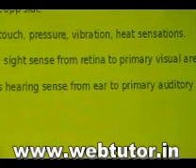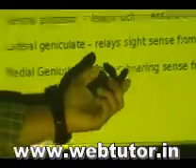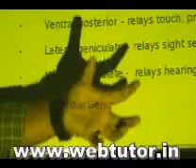So it's a relay station, right? The thalamus. It will take major sensations like hearing from the ears and pass them to a certain part of your cerebral cortex, like the primary auditory area. Is this clear, the overall function of the thalamus and the various parts of it?